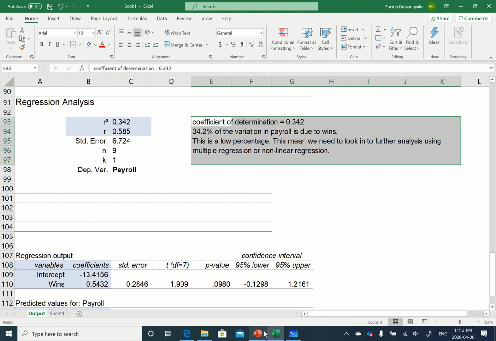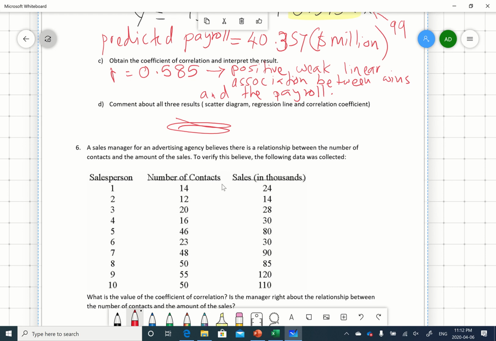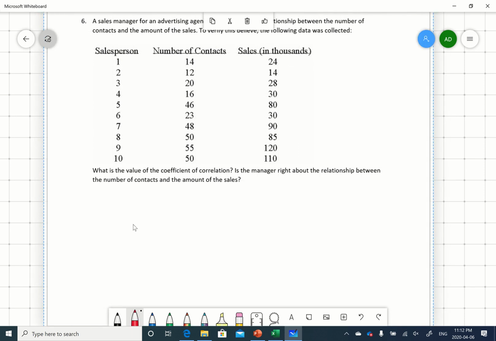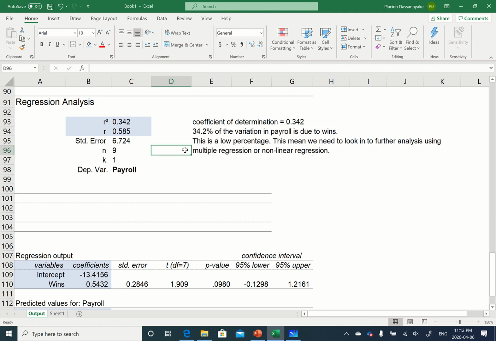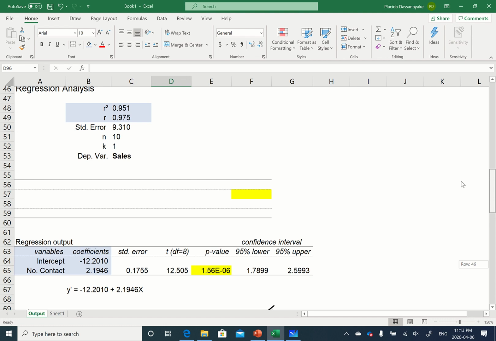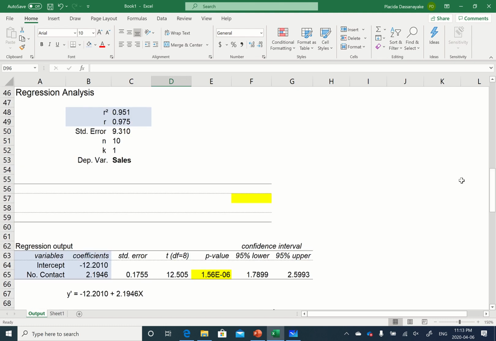Since this is the same data set as before, number of contacts and sales, we can answer this question as well. What is the value of the coefficient of correlation? Is the manager right about the relationship between the number of contacts and the amount of sales? I already have the regression output here. R is 0.975.